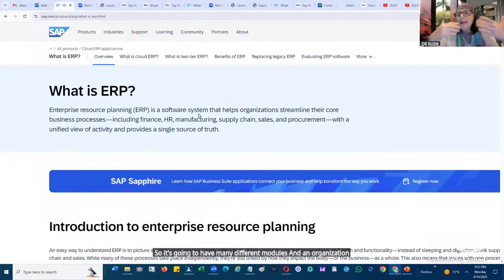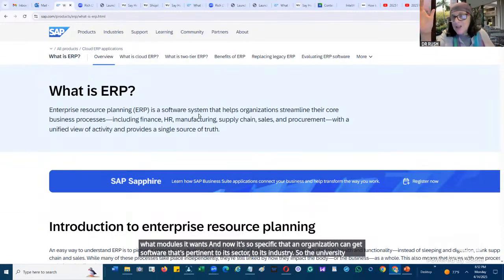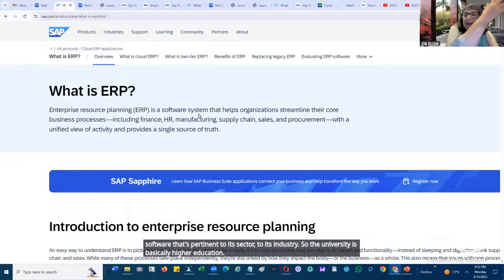And now it's so specific that an organization can get software that's pertinent to its sector, to its industry. So the university is basically higher education. It's going to work differently than a manufacturing plant for autos.